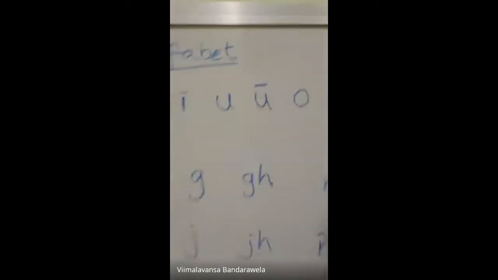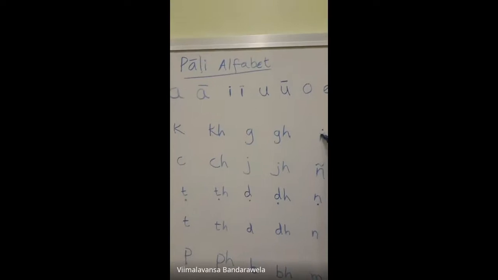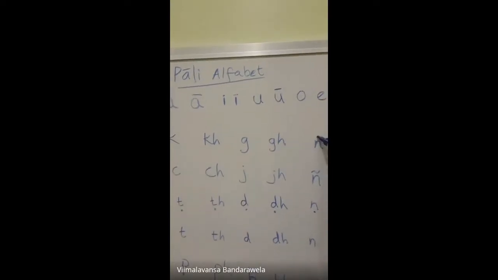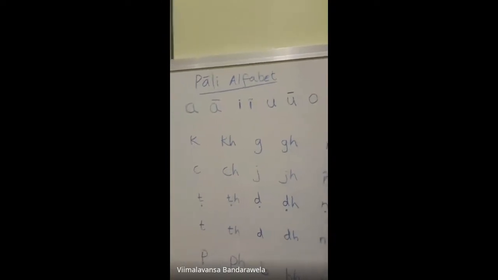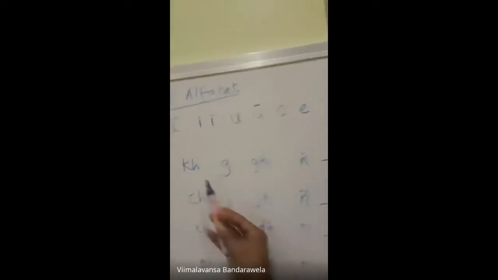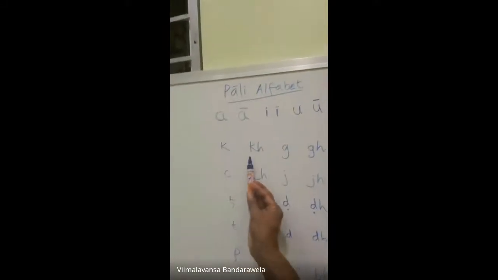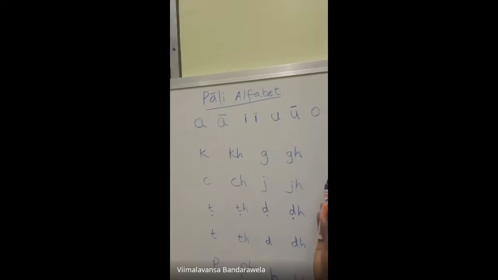See, n with a dot above. N above dot, nga. Then ka, kha, ga, gha, nga. Right? Okay?